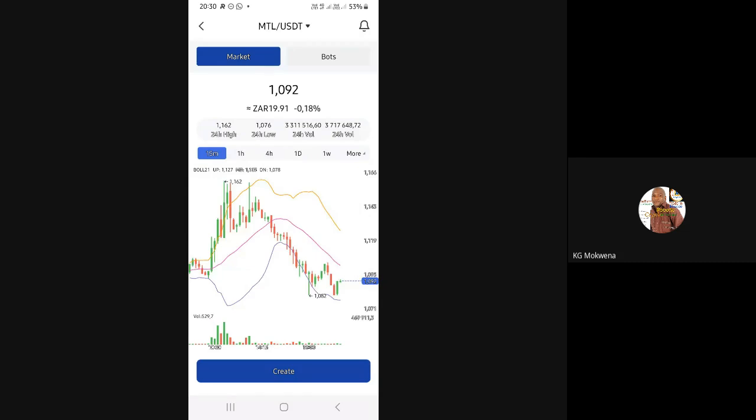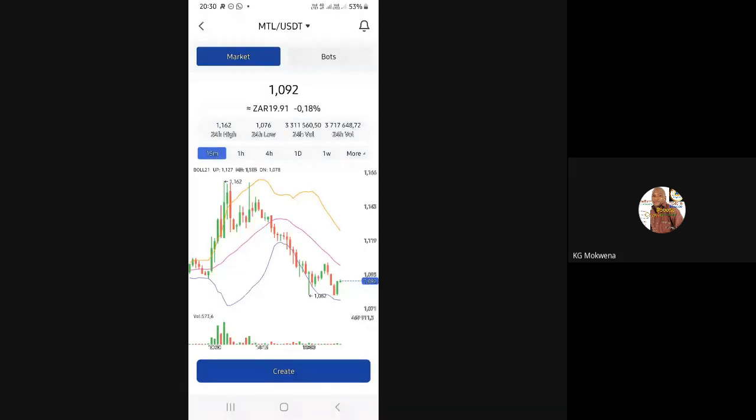Business Partners, look at the market price, even when you are on the charts, as a person who is scalping, as an intraday trader, look at the price on top. Can you see what the price of the asset is now? Leader Cyril, can you see it? You're the one who's unmuted. No, the price of MTL.